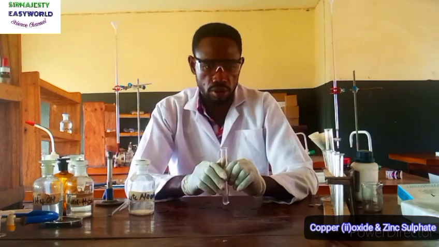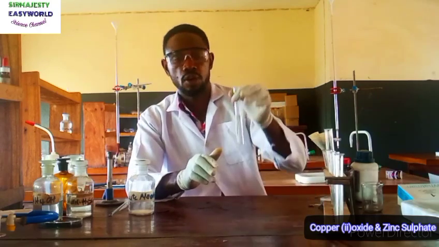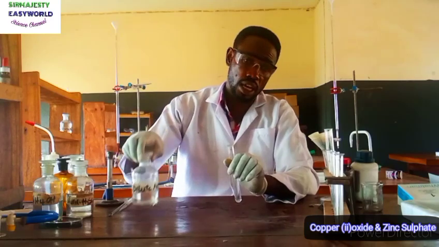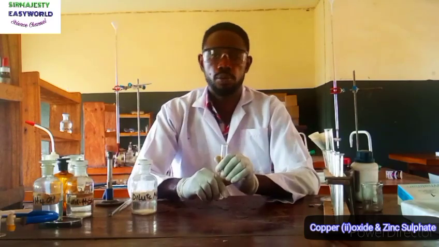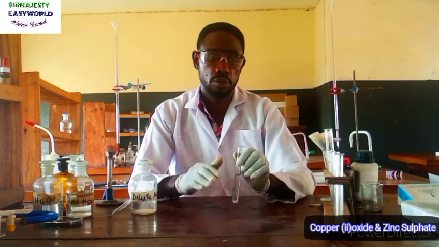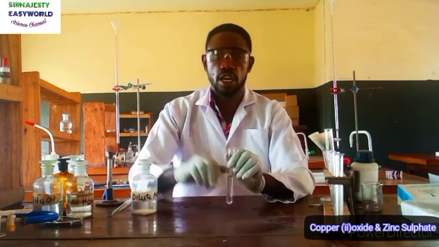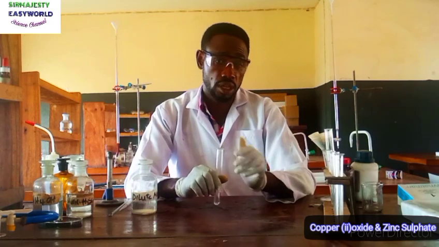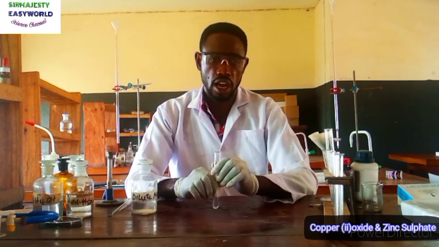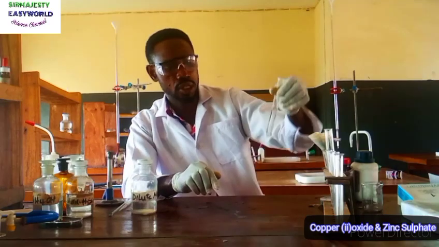Because the hydroxides they form are amphoteric hydroxides, which means in the presence of excess sodium hydroxide, they will react to form a complex salt. They have both basic and acidic properties.